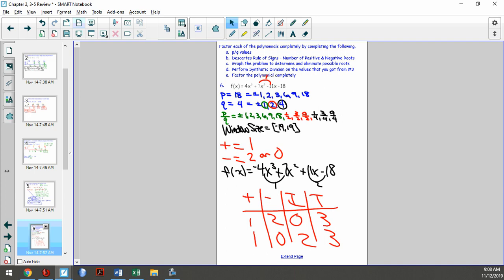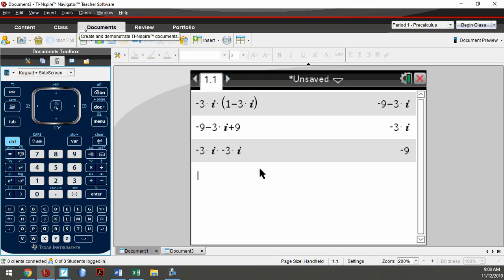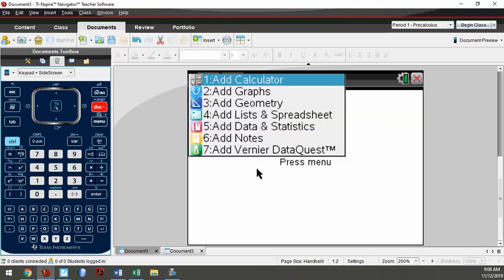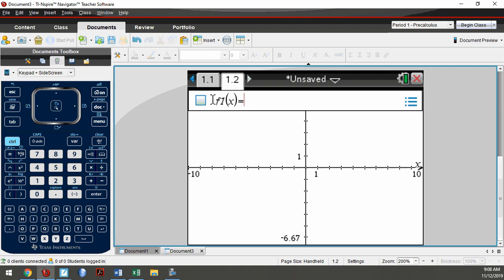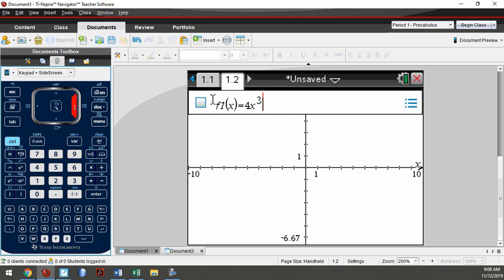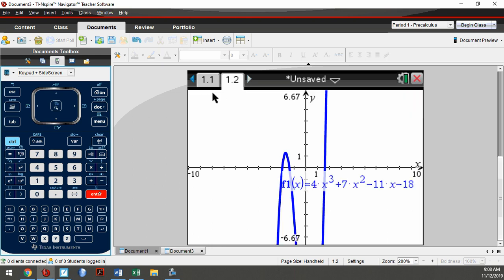Now, at this point, what should we do next? We should graph this. So I'm going to go over to my graphing calculator. I am going to add a new page. And this is going to be 4x to the third. Then what was it? And I'm going to graph it.